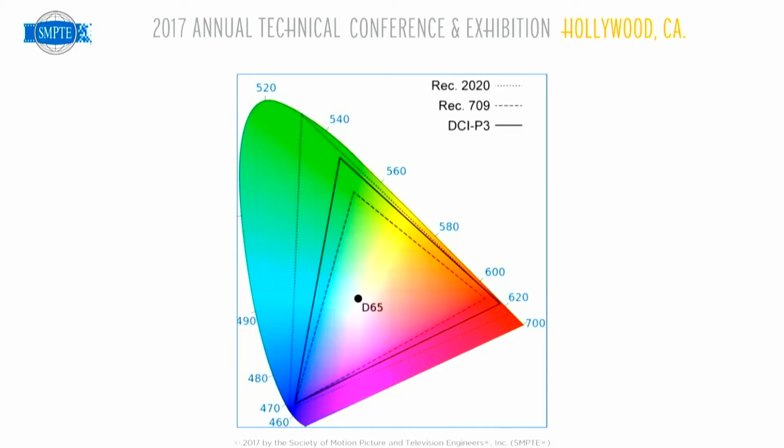So there are standards that you want to comply with, and your content might be, for instance, created in some standard gamut like P3, and you want to then release it for TV, and then you need to do a gamut reduction so that the colors of your content fit into the reduced gamut of standard TV displays.